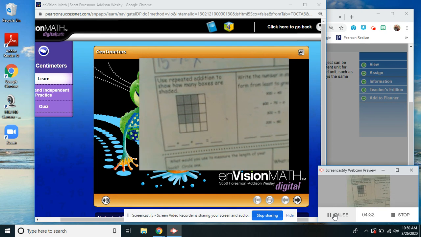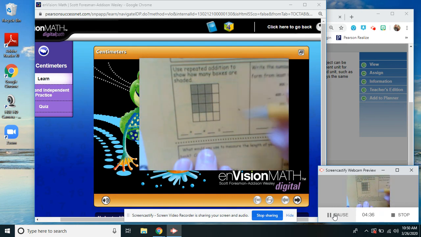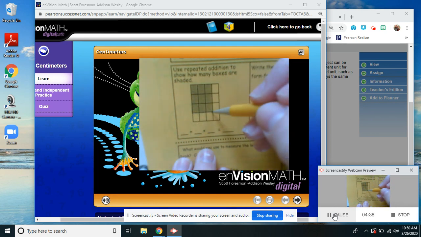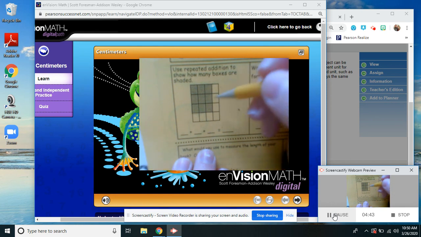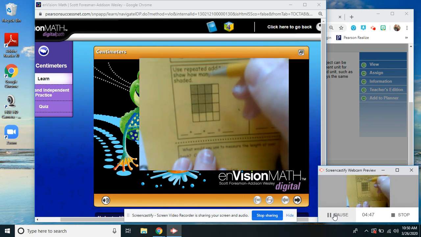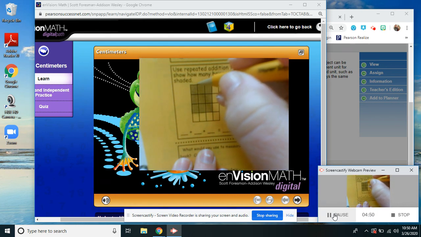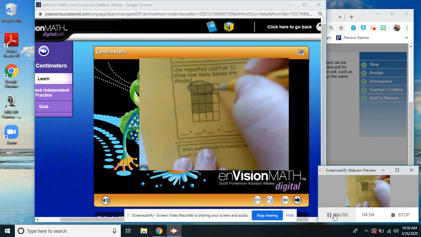Okay. Use repeated addition to show how many boxes are shaded. Well, I'm looking at the shaded boxes here. So we have some options. Repeated addition, so we need to add in groups here. So we could say, how many boxes are in this first row?